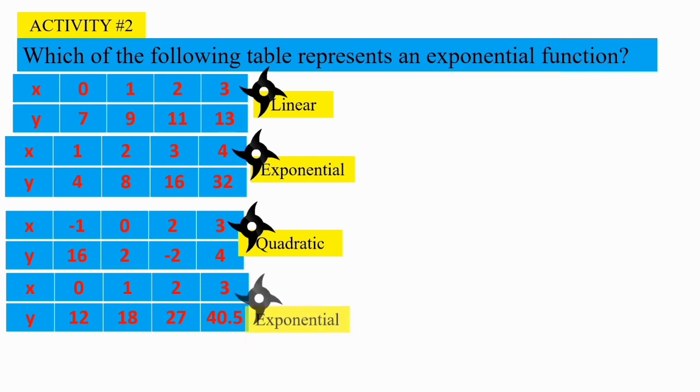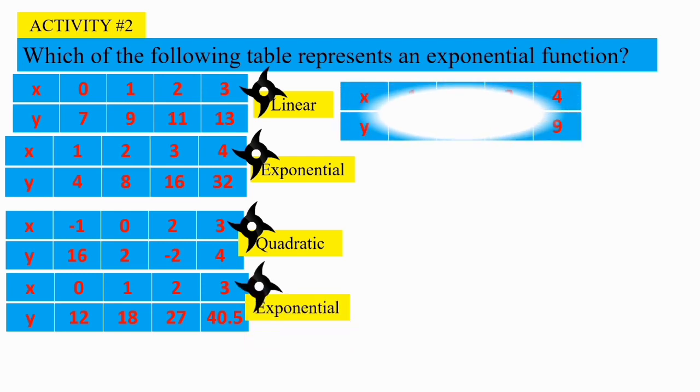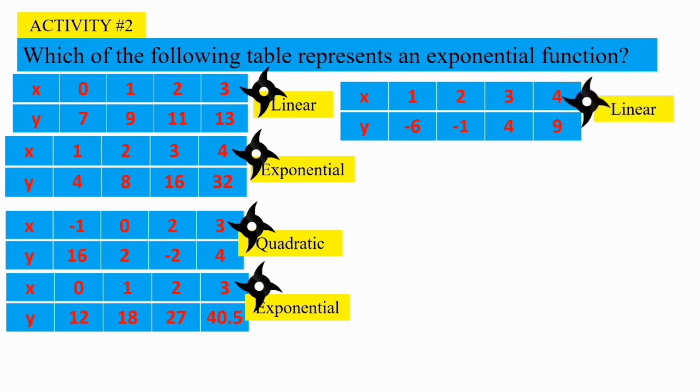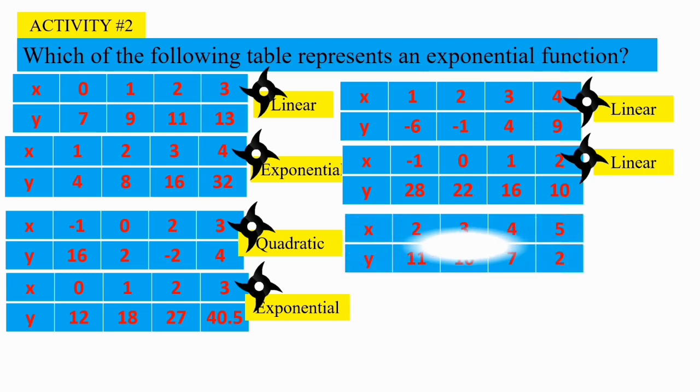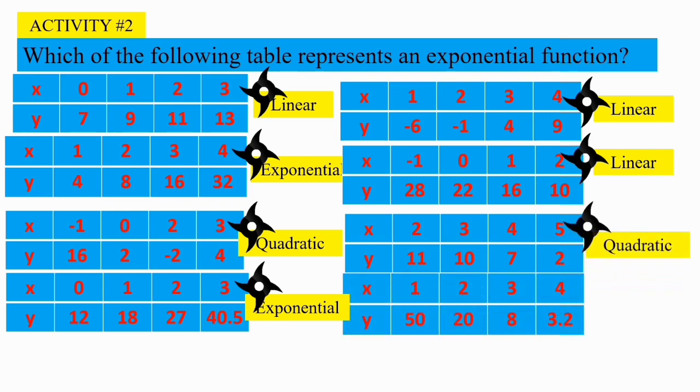Okay. This is exponential. How about this one? Okay, it is a linear with a difference of 5. This one? Okay, this is a linear with a difference of negative 6. How about this one? Okay, it is a quadratic. And how about this one? It is exponential. So, ganun lang siya kadali, class.